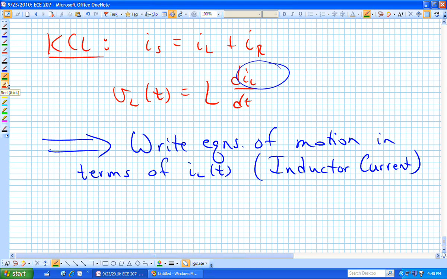Well, I sub L is I sub L. I'm going to leave that one alone. Meaning I now have I sub S of t is equal to I sub L of t. Now how am I going to write I sub R in terms of I sub L?